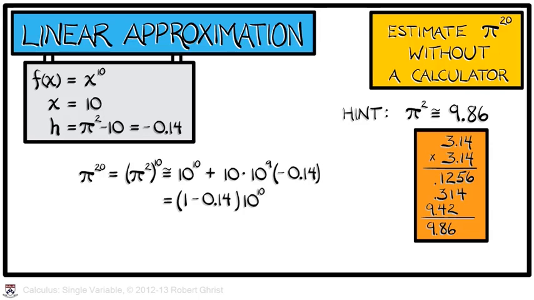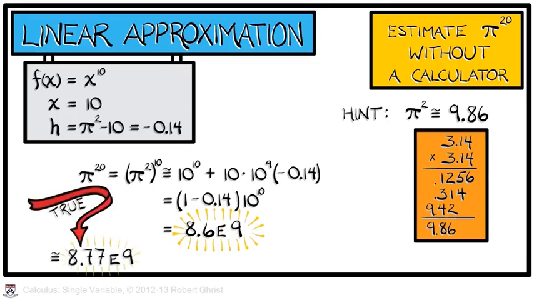Now, if we simplify that a little bit, we see that we get 0.86 times 10 to the 10th, or 8.6 times 10 to the 9th. That's our approximation to pi to the 20th. In scientific notation, that would be 8.6 E9. The true answer is approximately 8.77 E9.